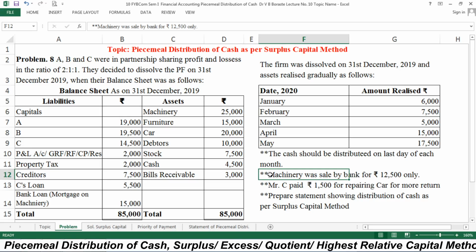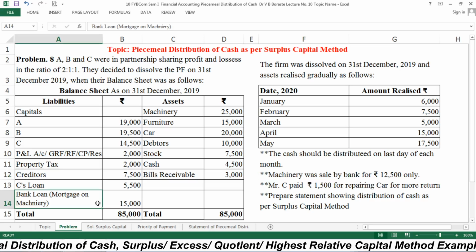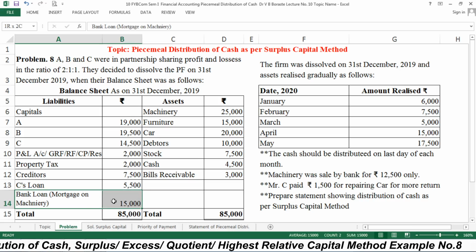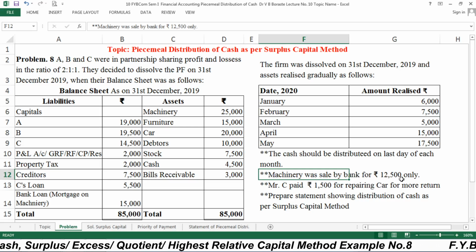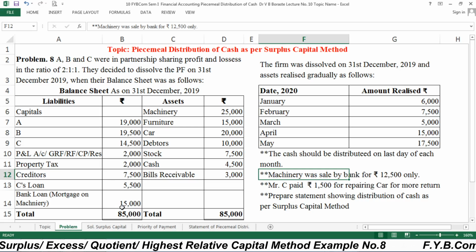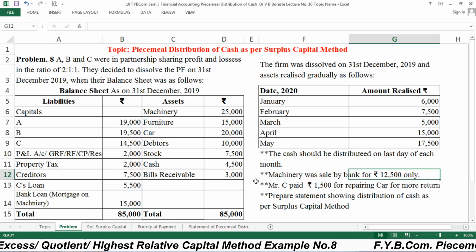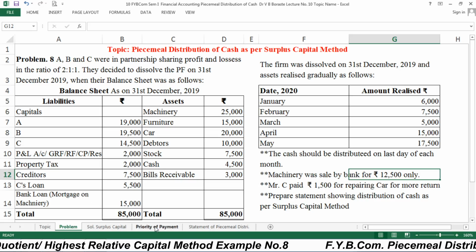That means only 2,500 is unsecured. Bank loan was fully secured for rupees 15,000, but after the dissolution of the partnership firm, the bank sold the machinery in the market and received rupees 12,500. That means 15,000 minus 12,500, the balance amount is 2,500. It automatically becomes unsecured liability.